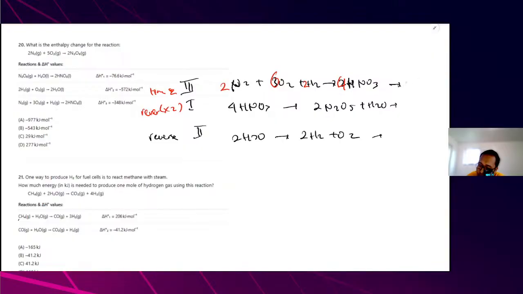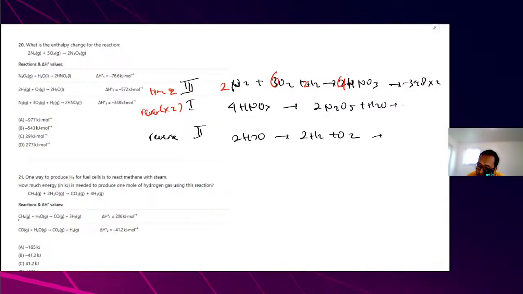So this one just minus 30, this one times 2. How about this one? 4NHO3. Oh, where is that one? This is for the first reaction.